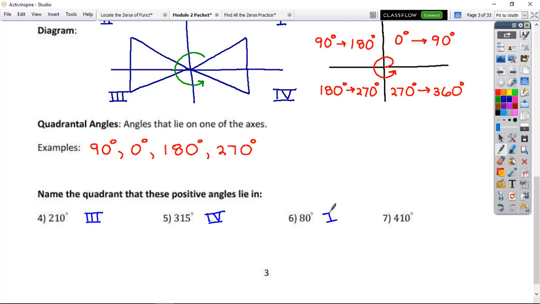And now a little trick with this last one. It's too big. So you can either do this and then keep going up to quadrant 1 if you'd like, or you can subtract off 360. Either way. So this would just be 50, or you could rotate all the way around and then some. So this places you in quadrant 1.